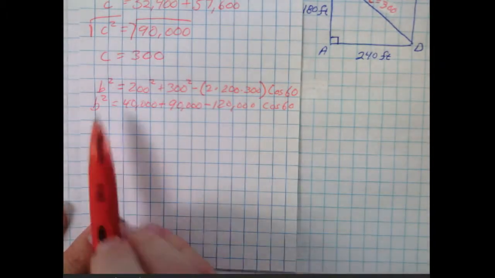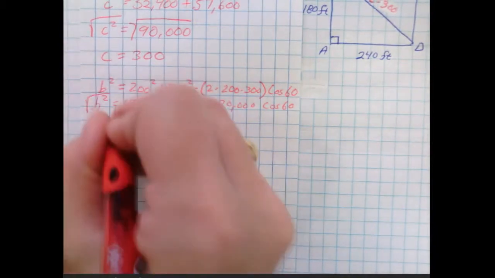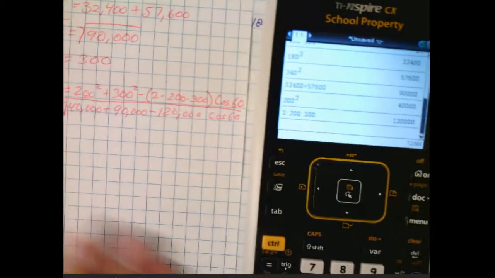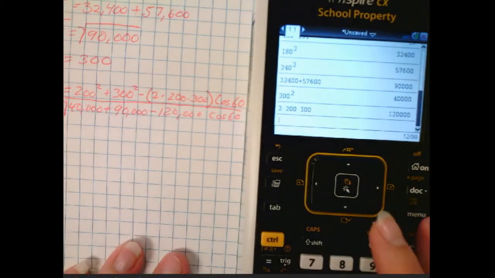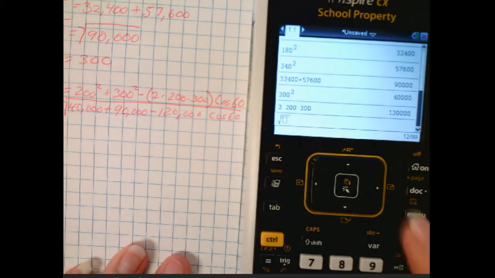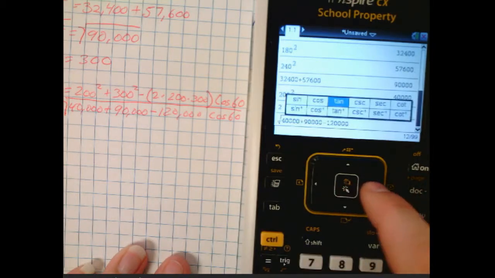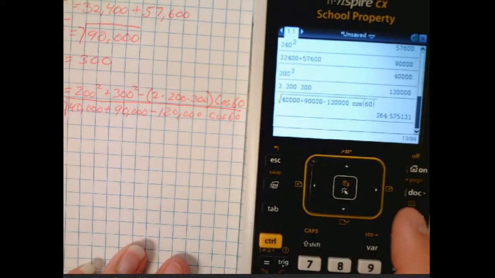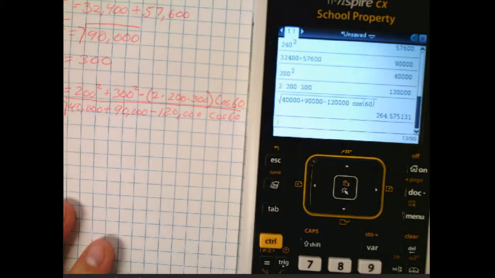Then from there, I'm just going to take the square root of both sides. On my calculator, I start with my square root and type in 40,000 plus 90,000 minus 120,000 cosine, so my trig functions, of 60, enter, and I get 264.57, and it keeps going.